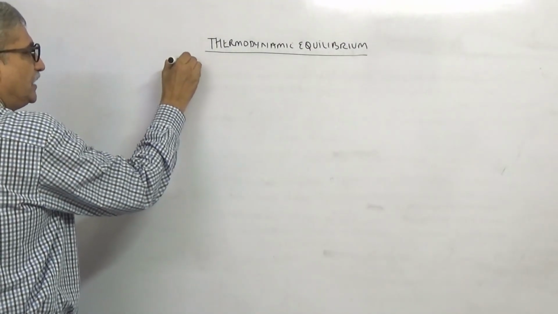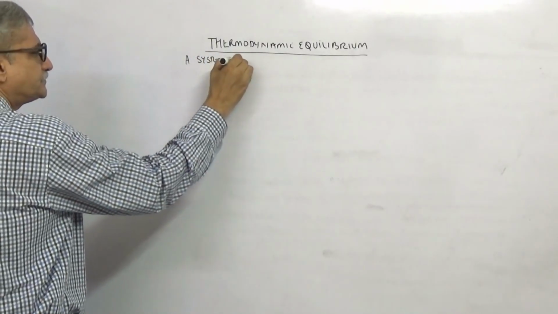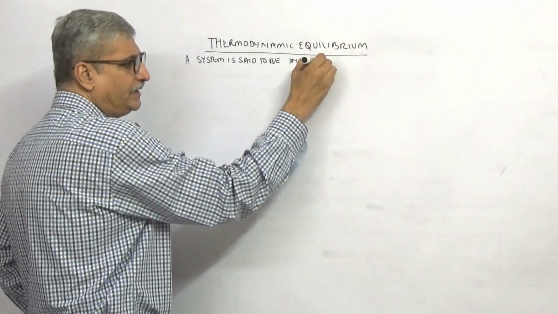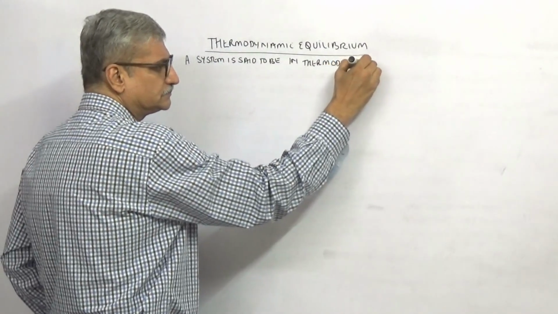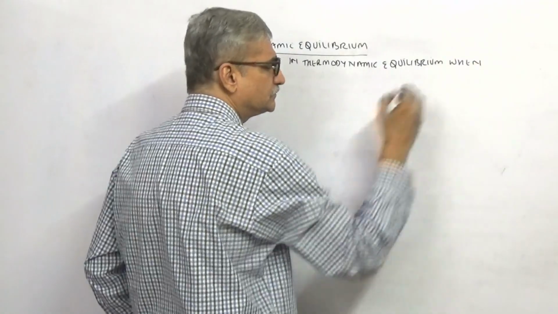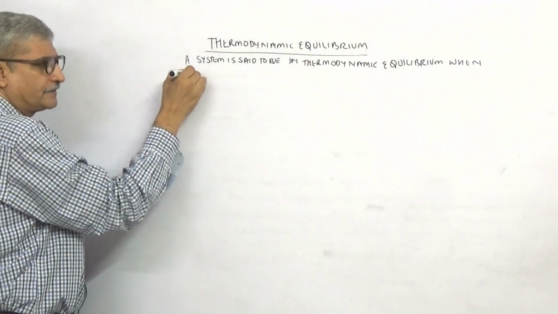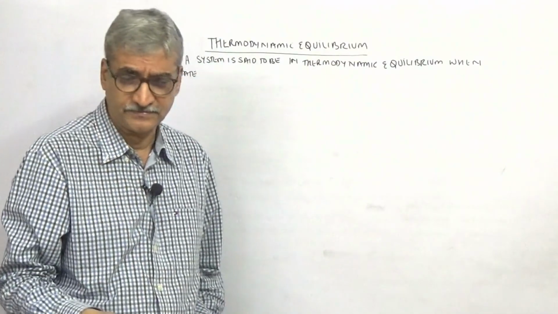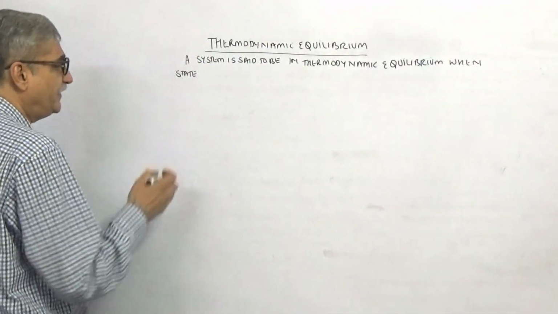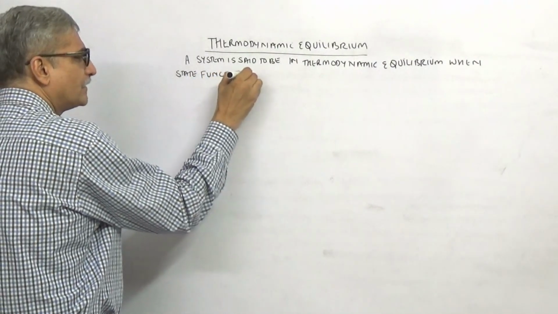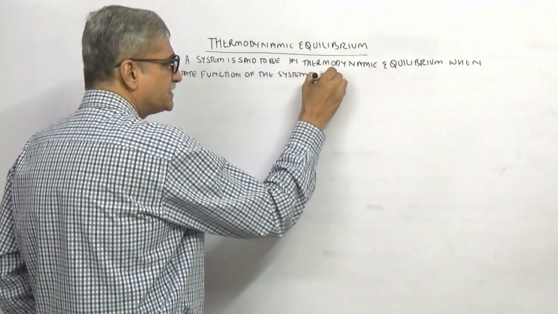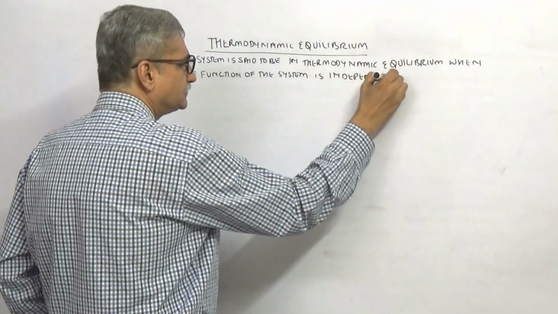So a system is said to be in thermodynamic equilibrium when the state function of the system, state function means the extensive property of the system, whose change is independent of the path, is independent of time.